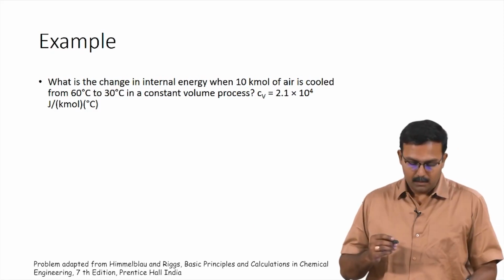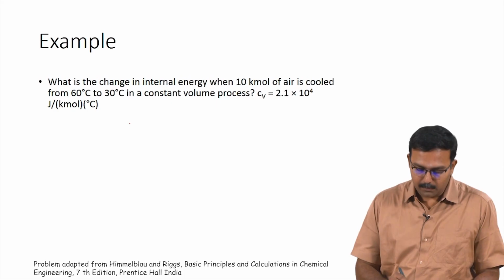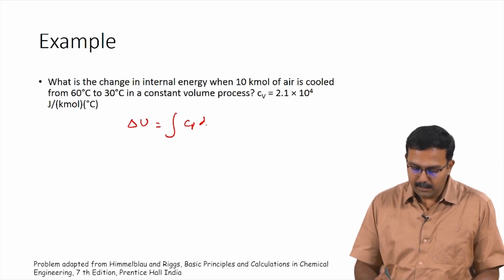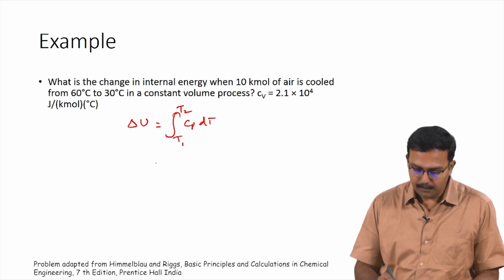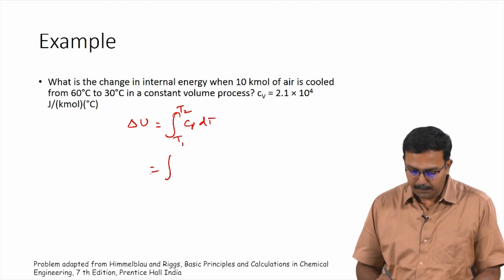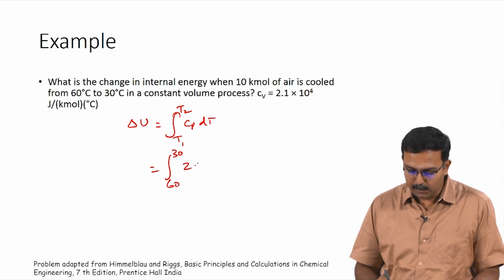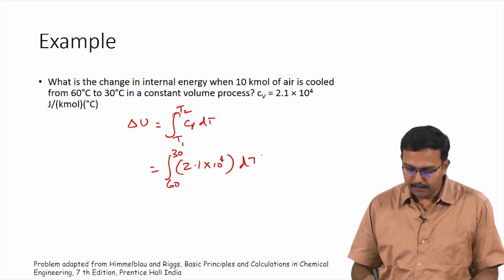From the integral equation we got delta U equals integral Cv dT. Integration happens from T1 to T2. So, here initial temperature is 60 degrees Celsius and final temperature is 30 degrees Celsius. Your Cv value is given as 2.1 times 10 power 4 dT.